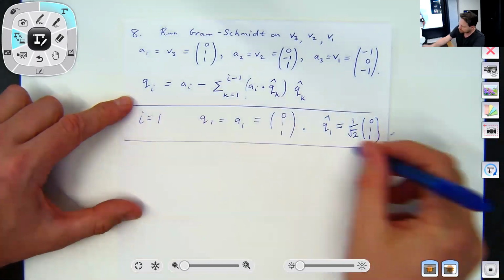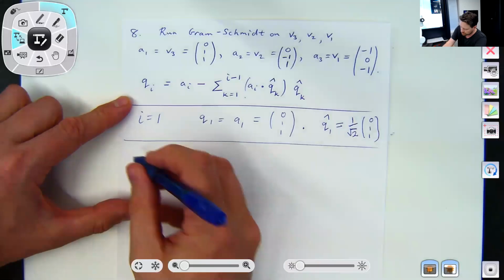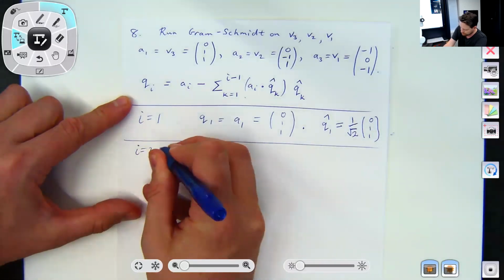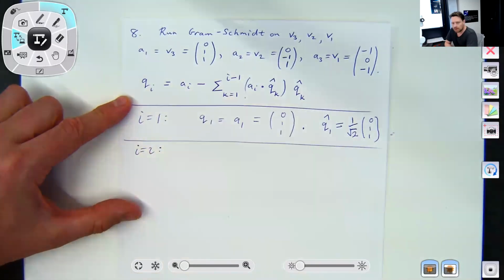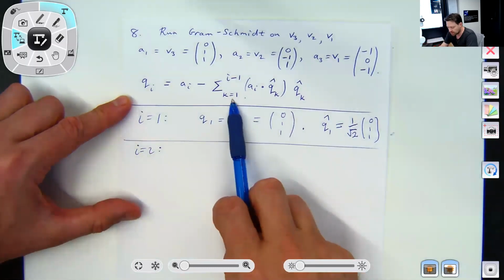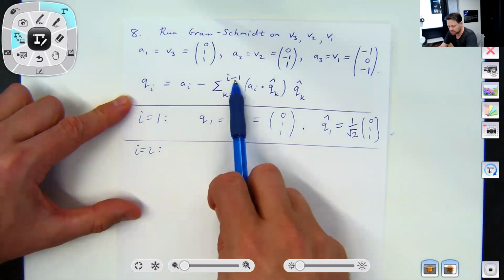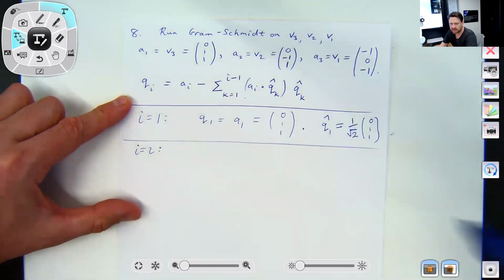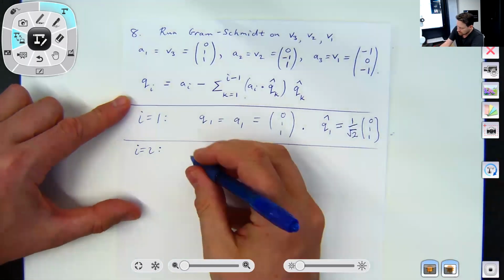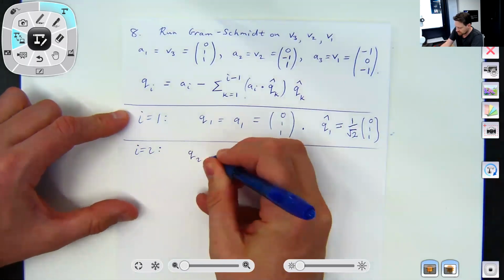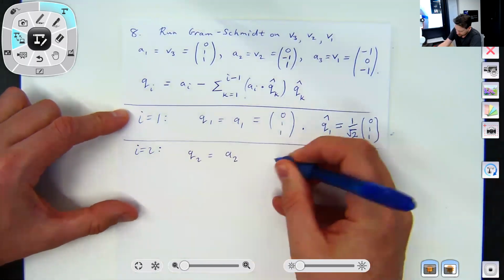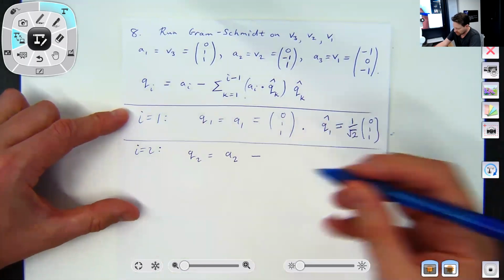So I'll draw a line here. I'm ready to look at i equals 2, so I'll put i equals 2. We use the formula now, but in this formula, the top of the sum is 2 minus 1, which is 1. So there's exactly one thing in that sum. Q2 is equal to A2 minus, and now we've only got one thing.